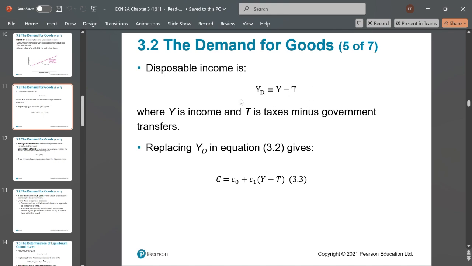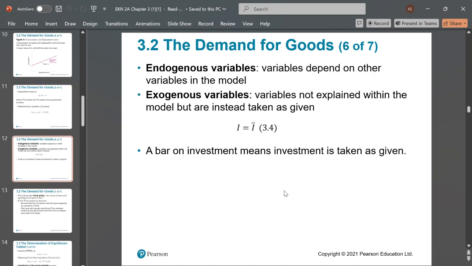Then you would replace this into that equation, and this is what you get: autonomous consumption plus C1, which is the slope or your propensity to consume, and then in brackets Y minus T, which is the income minus taxes.